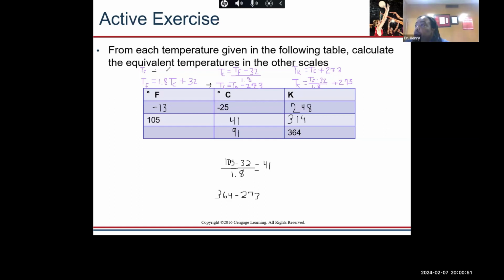So you should be able to also go directly from Kelvin to Fahrenheit by putting this equation in for your TC.